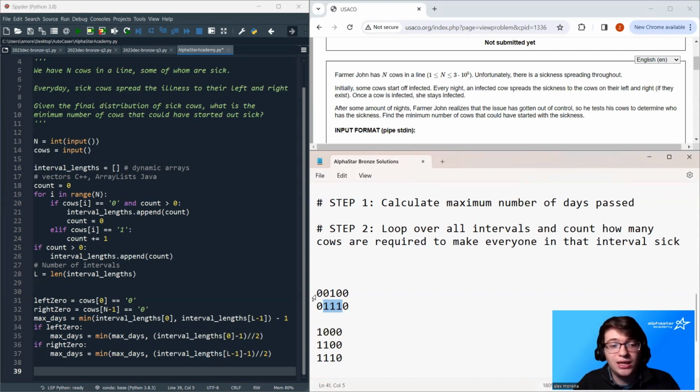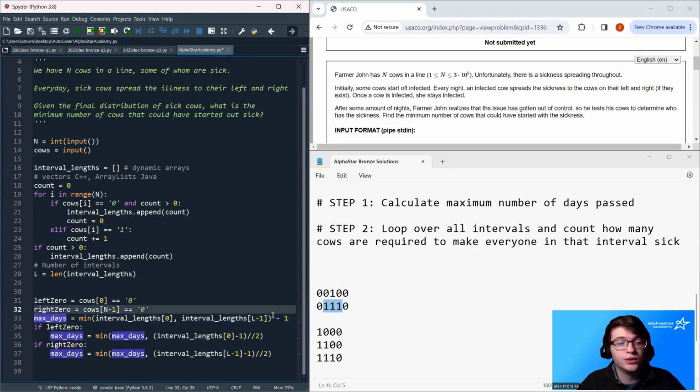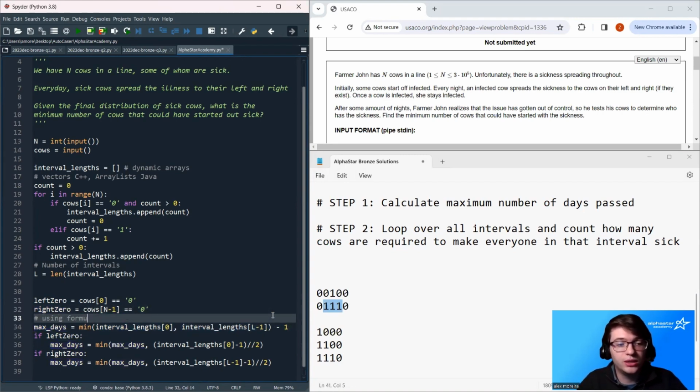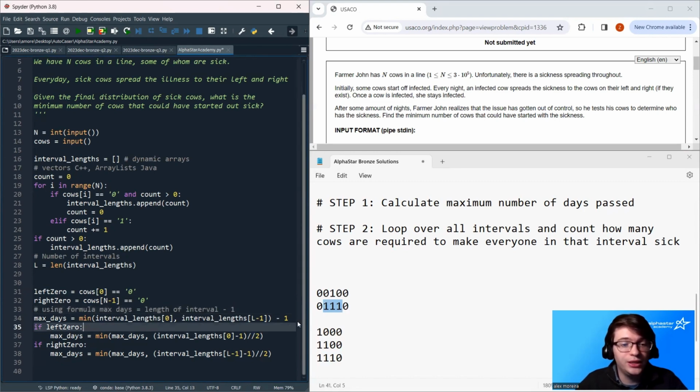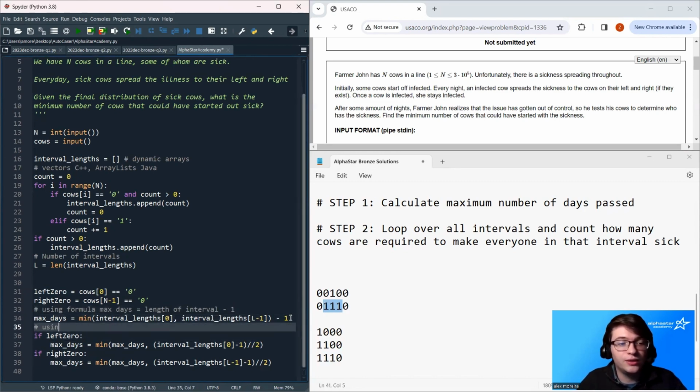So that's why if these left and right zeros are not present, my max days is actually going to be a little bit larger, right? So the formula here, using formula max days is equal to length of interval minus 1. And then here, we're using formula max days is equal to the length of the interval minus 1 over 2.